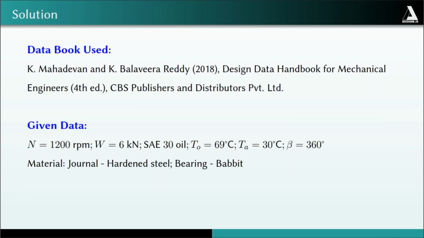Now, in order to solve this, what we use is Mahadevan's and Balaveera Reddy's data book published by CBS Publishers and Distributors Private Limited.